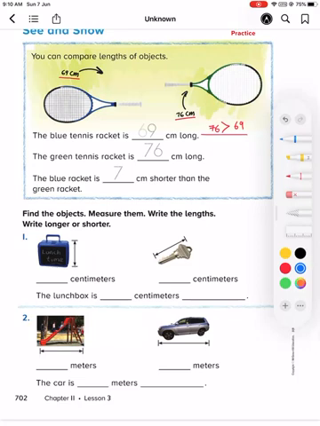We take the greater number, which is 76, minus the smaller number, which is 69.